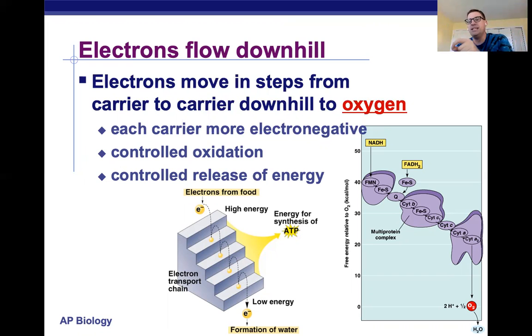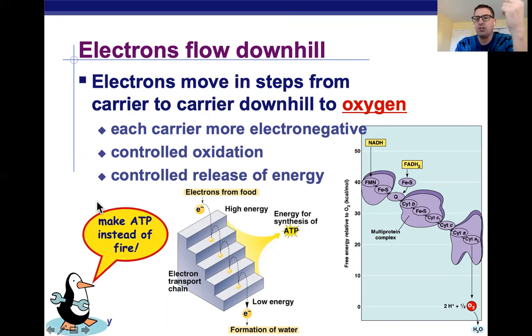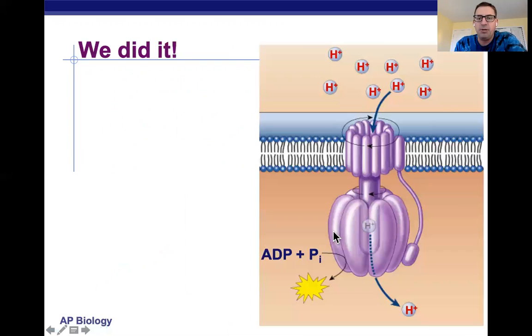And every time little bits of energy are released, instead of large amounts of energy all at once, if we had just taken those electrons and passed them directly to oxygen. We slowly release the energy from those electrons as they are passed from one protein to the next, and harness that to pump protons into that intermembrane space.